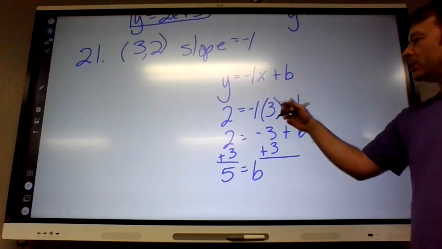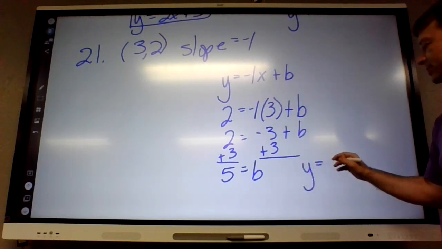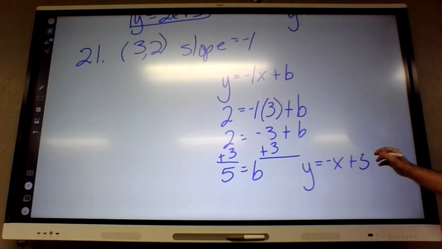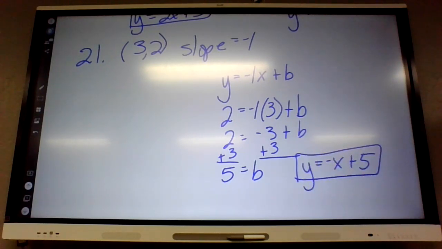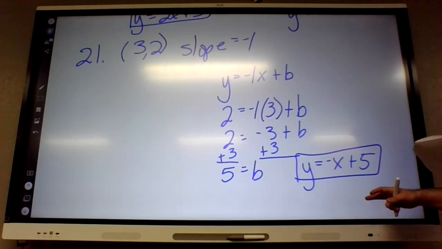This is the answer: y equals -1x, or -x, plus 5. Just plug the b value in the b spot. I know, I put -1x instead of just -x. My bad.